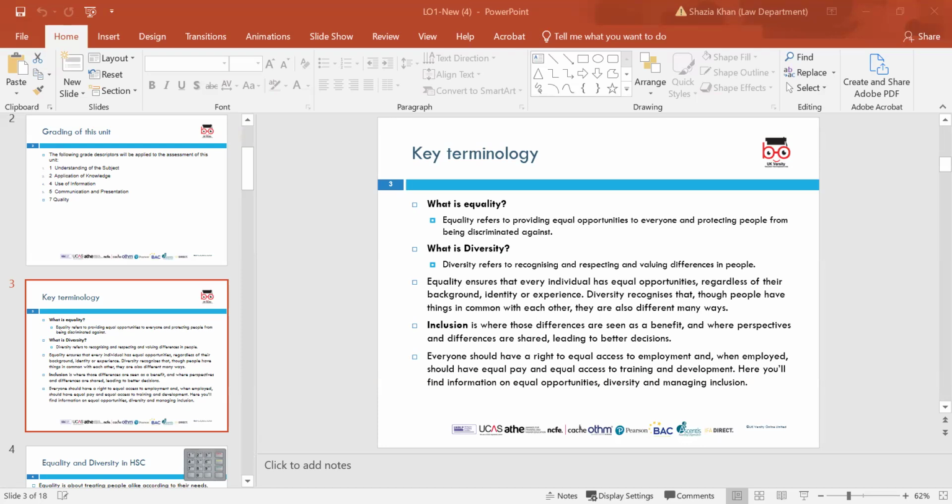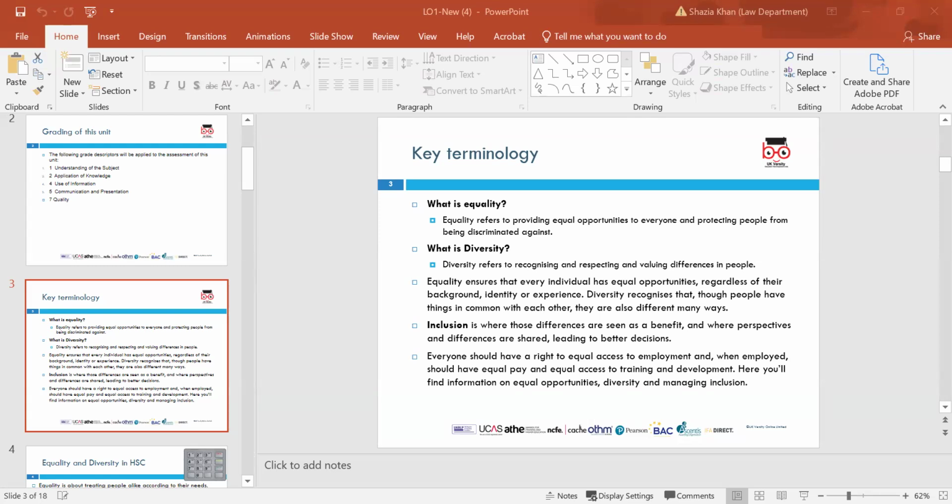Do we treat people equally, or are there forms of discrimination? There are different forms of discrimination, and we're going to go through them in more detail. But equality is treating everyone fairly. It could be a man and a woman, someone of different gender, different religion. Make sure they're treated equally and fairly, okay?